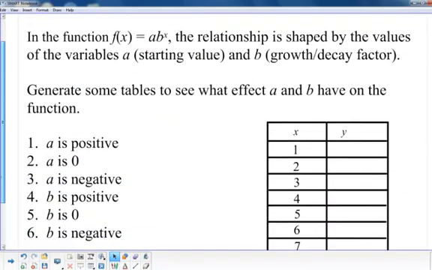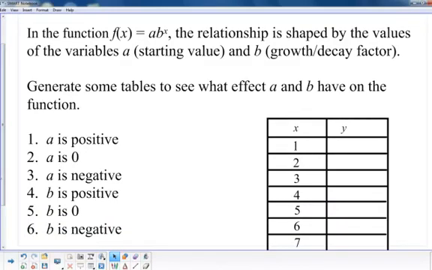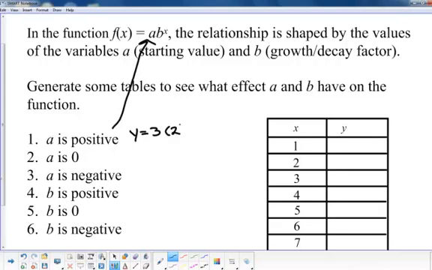Okay, so basically, we could generate some tables on the graphing calculator. I'm going to actually have you do a little bit of this tomorrow in class. But if the starting amount is positive, so like if you have y equals 3 times 2 to the x, if you look at a graph of that, or at the table, it's going to start at 3.